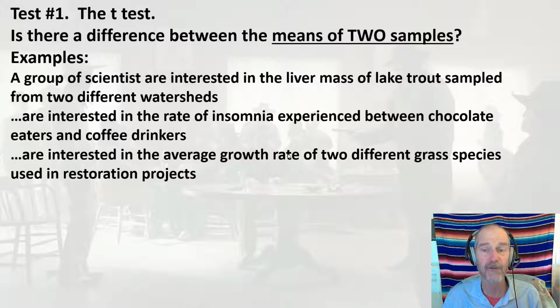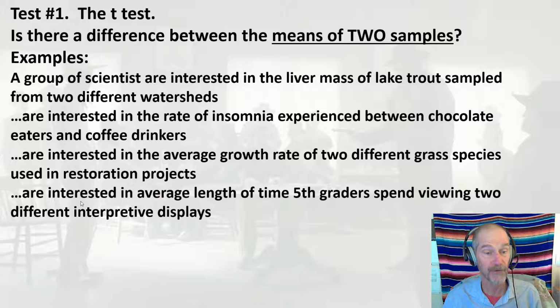Interested in the average growth rate of two different grass species used in restoration projects. You see, some of you are eco-resto students, and I'm trying to give you examples of how you might use these statistics in your future work. Or if you're interested in the average length of time fifth graders spend viewing two different interpretive displays.